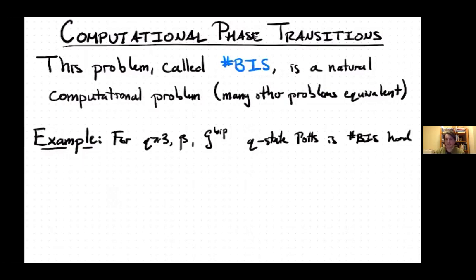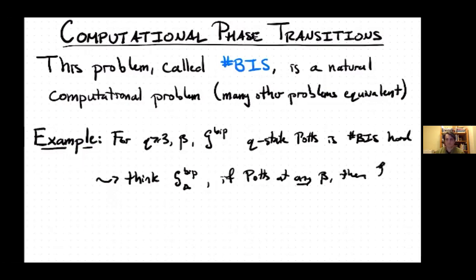I find it hard to think about all graphs with no restriction on them whatsoever other than being bipartite. So maybe you might prefer to think instead of bipartite graphs of maximum degree delta. It's sort of equivalent to say, if you can solve Potts at any beta, then you get the above.